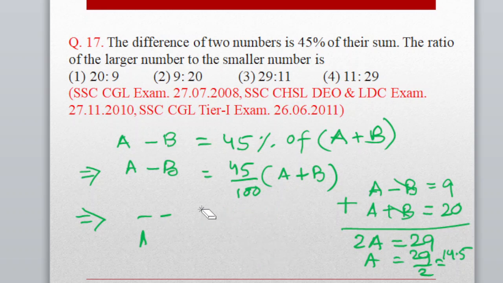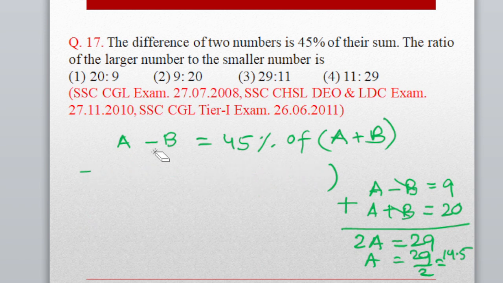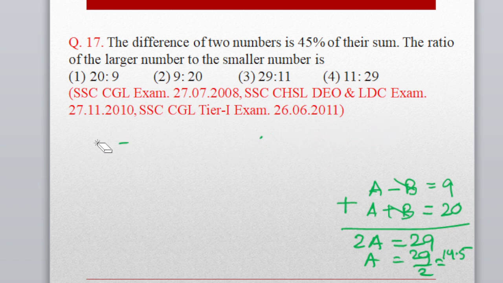Now A is 14.5 and B is, here A plus B is given as equal to 20.